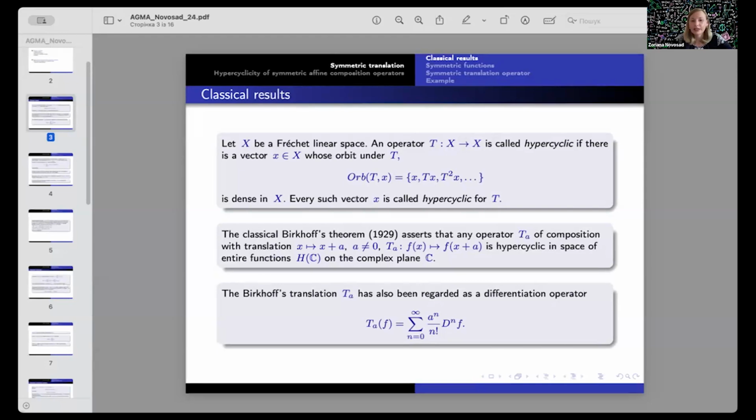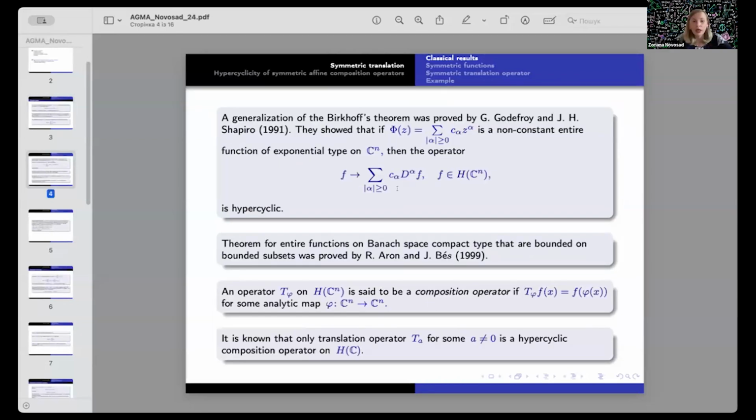The study of hypercyclic operators started from the classical Birkhoff theorem in 1929. This theorem asserts that any translation operator T_a is hypercyclic on the space of entire functions H(C) on the complex plane C. Also, we can consider Birkhoff's translation as a differentiation operator. A generalization of Birkhoff's theorem was proved by Godefroy and Shapiro in 1991.